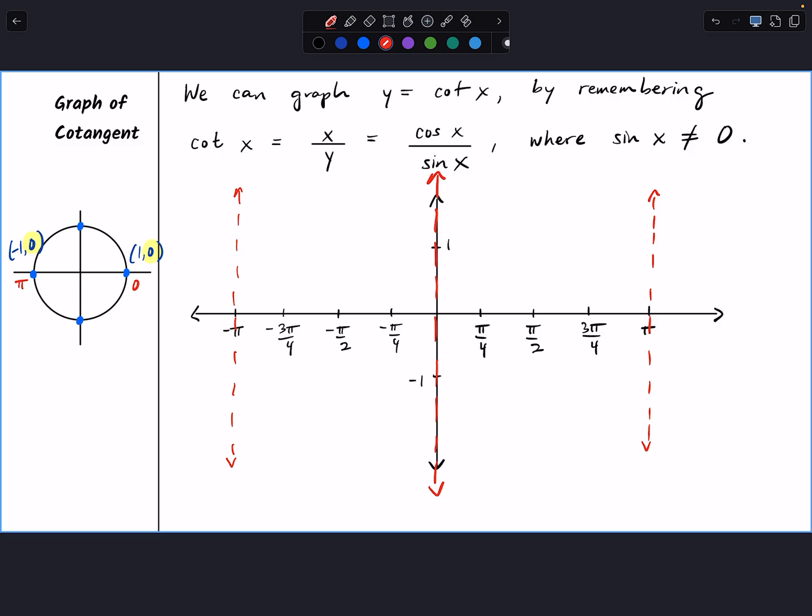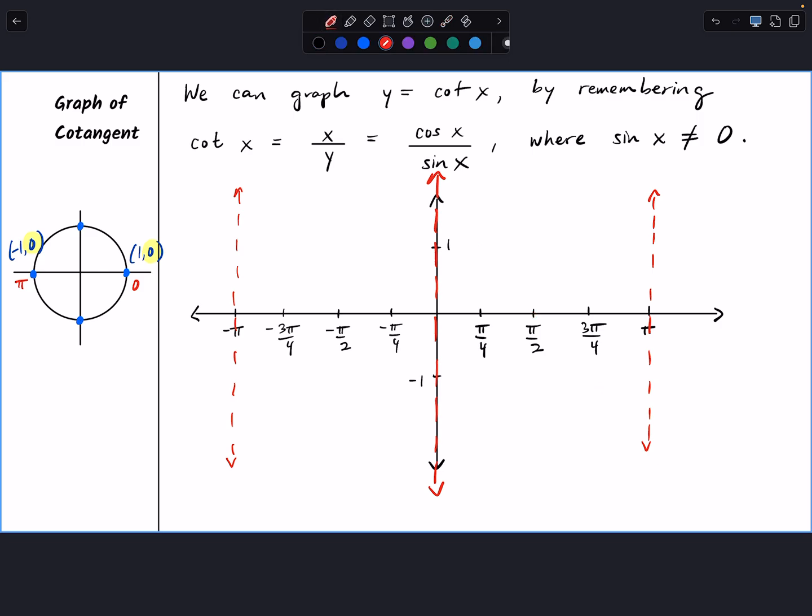So here comes the cool part. Tangent looks something like that, right? Between the asymptotes. Cotangent is the reciprocal. So instead of cotangent looking like this, cotangent is going to look like that. So instead of going bottom to top like this, it's going to start at 1, then 0, and then negative 1 between the asymptotes.